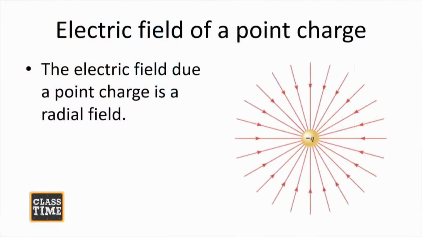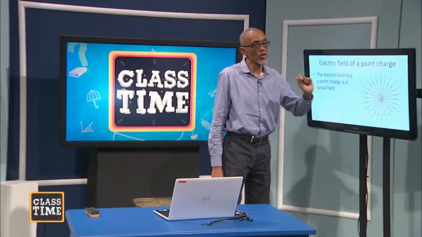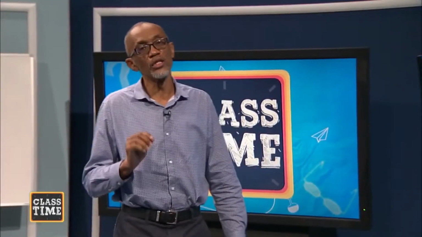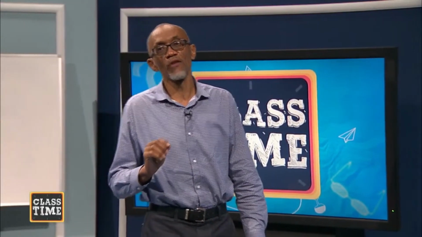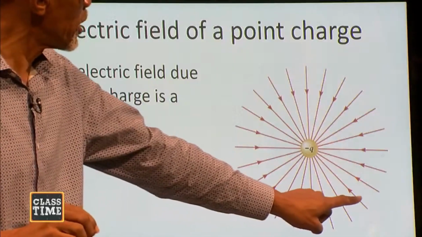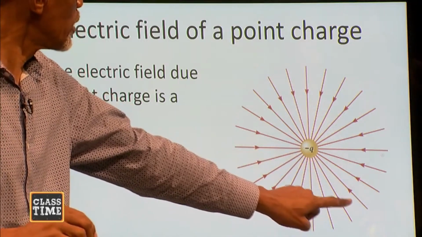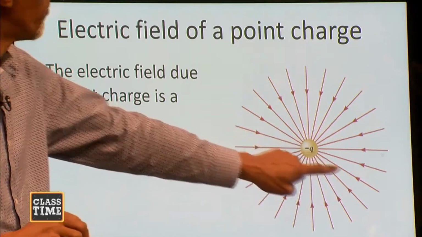And so the field is a radial field, and this is the field due to a negative charge. And remember, this is consistent with how we determine the direction of a field. If we take a positive test charge and place it anywhere here, it will be attracted to the negative charge, and that is the direction in which the field goes.